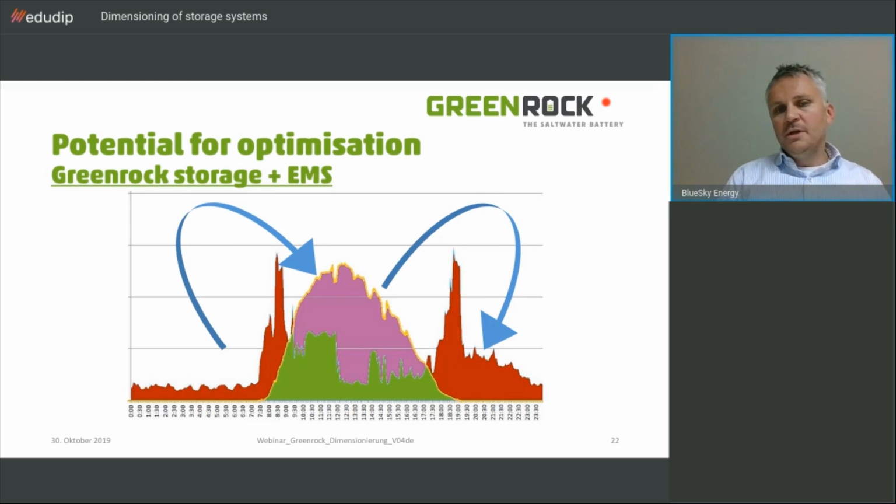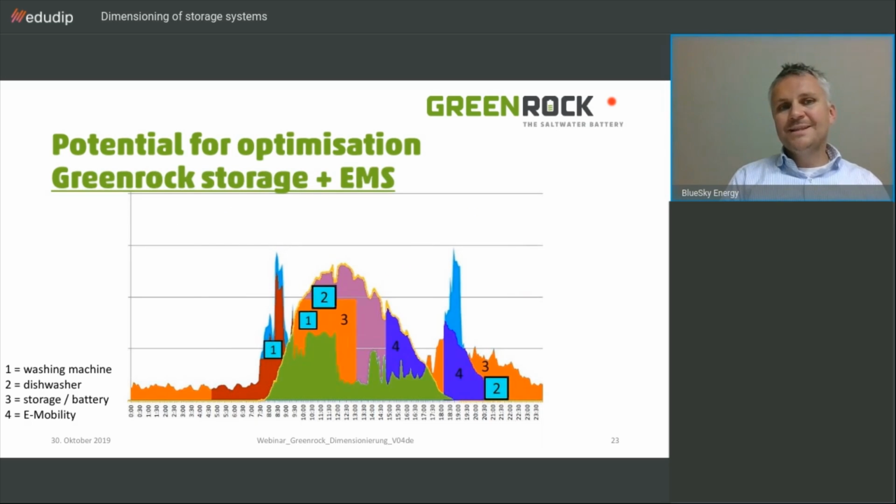And of course, the combination then, that's the golden goal of the whole thing, that we can start shifting the energy demand into the area where we produce the energy, and the excess runs into the battery, providing the rest of the energy when it's needed. And that's basically the GreenRock storage, the battery part of it, along with the GreenRock EMS, the energy management part of it, which enables us to shift the loads to a certain degree from times where there's no PV energy to times where there is PV energy.